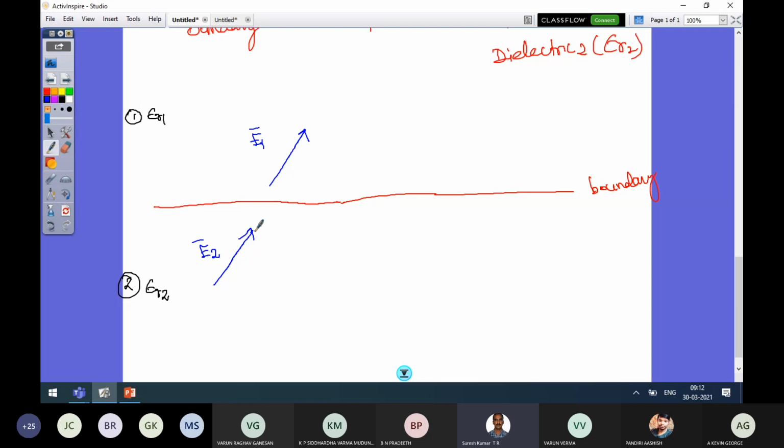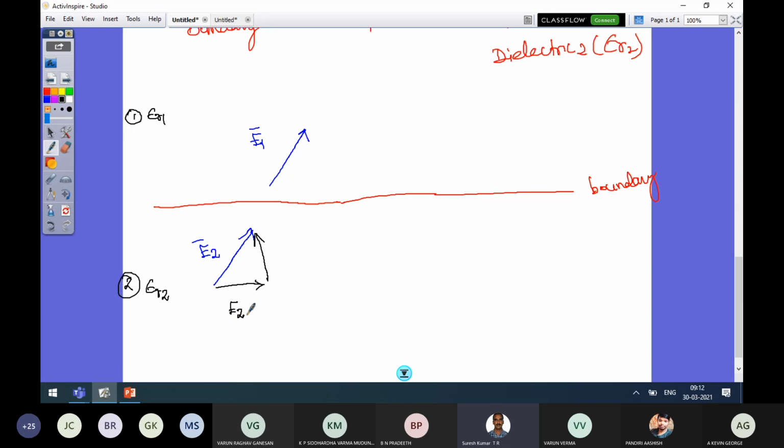We assume it's passing in this direction. Now, for doing the analysis, you need to decompose this field into its two orthogonal components, that is the tangential component and the normal component.